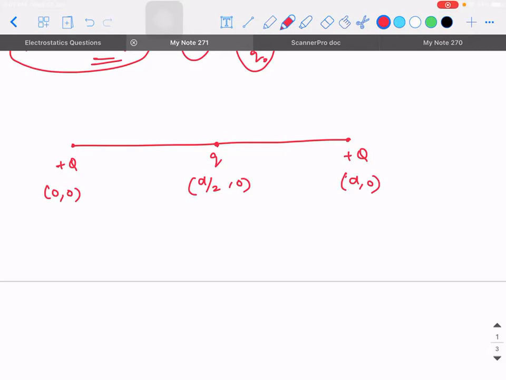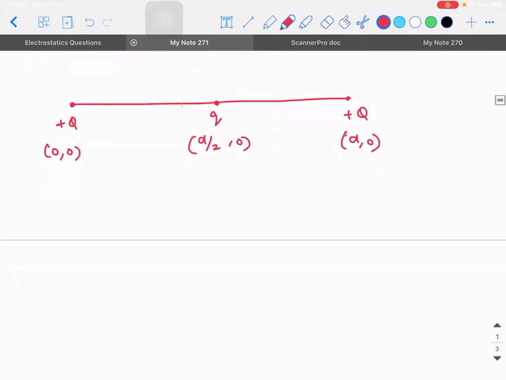Am I right? Now the question is, F net on the first charge is 0. So what is the net force experienced by this charge due to the other 2 charges?